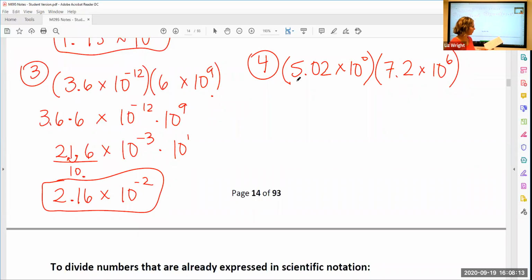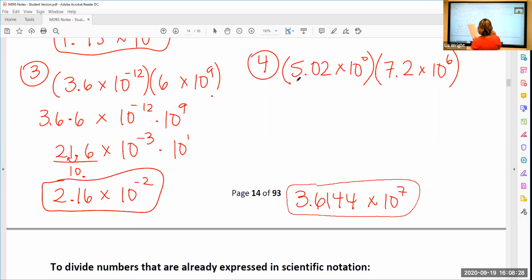So what I would like for you to do is to try that one and see what you come up with. Your final answer when you are done with it should be 3.6144 times 10 to the 7th, just so you can check your work. But I want to see the process here, like what we've been doing so far in class.